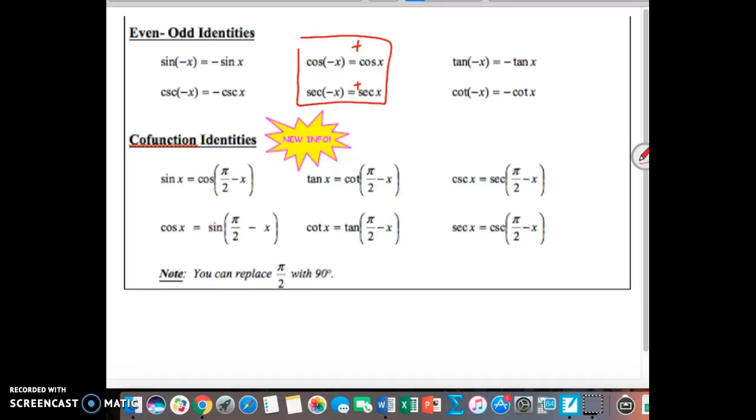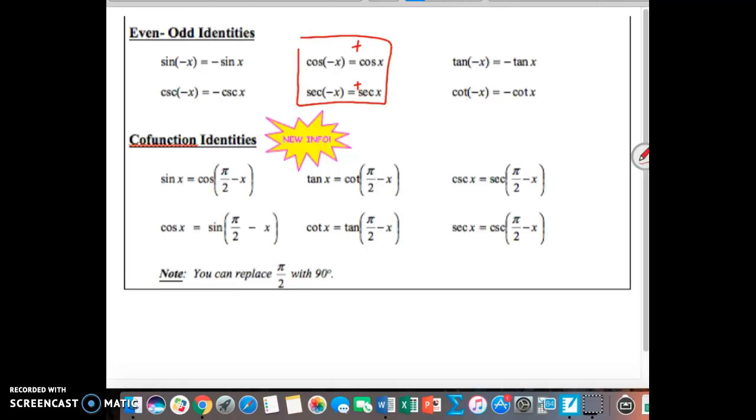Cofunction identities are the one piece of new information that we'll be learning and using on a daily basis throughout Chapter 7. If we have sine of x, that is equal to cosine of pi over 2 minus x. And if we have cosine of x, that's equal to sine of pi over 2 minus x.